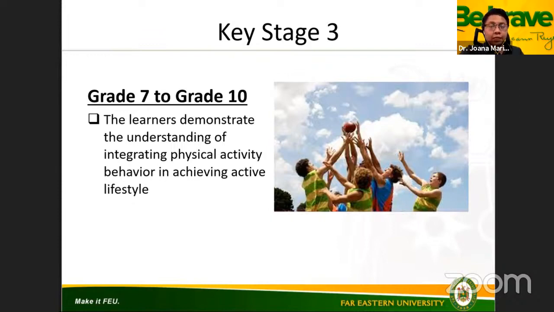Here we introduce engaging in an active lifestyle: sports can be used to become healthy. Students will understand that we engage in sports and physical activity not to become champions in competitions and sports events, which is just a bonus. We encourage students to engage in physical activities and sports so they realize these are the key to achieving an active lifestyle. That is what PE always points to.